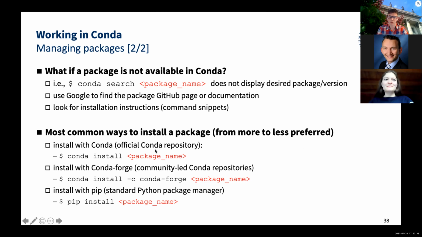Usually, I would advise you to go from conda install to pip install, because the lower you go, the less flexibility Conda allows you to have when it tries to solve conflicts between different package versions, updates of the packages, and so on.